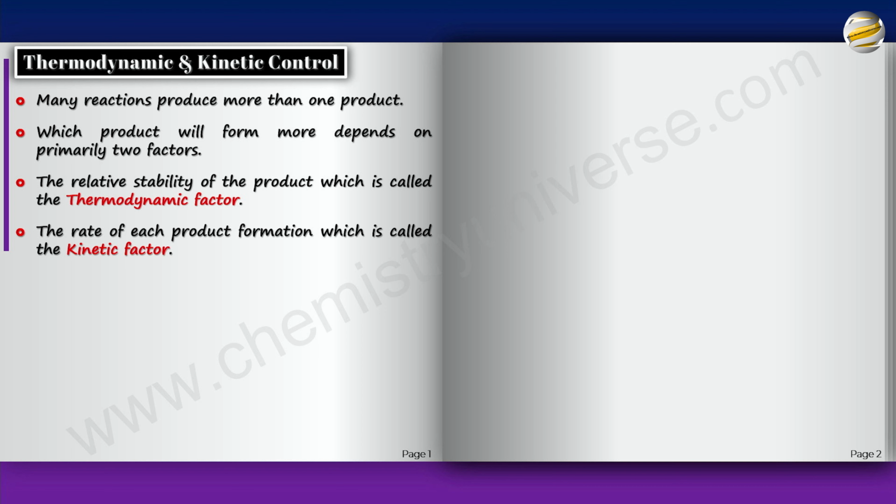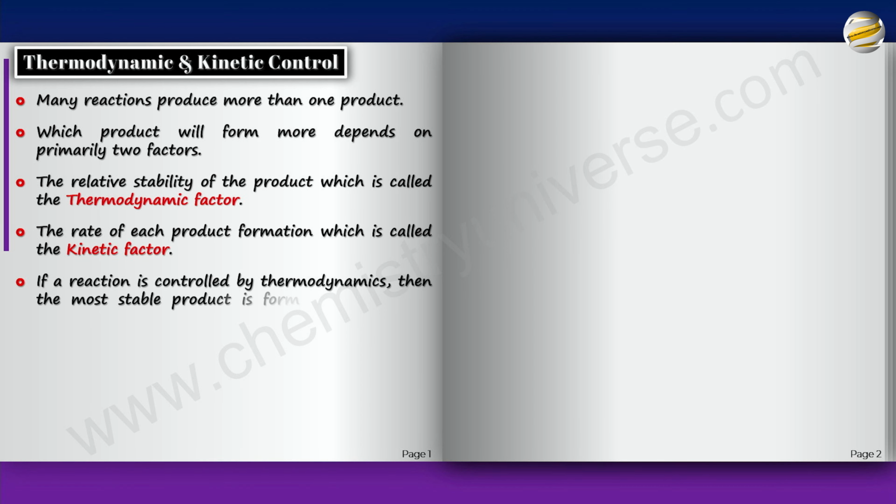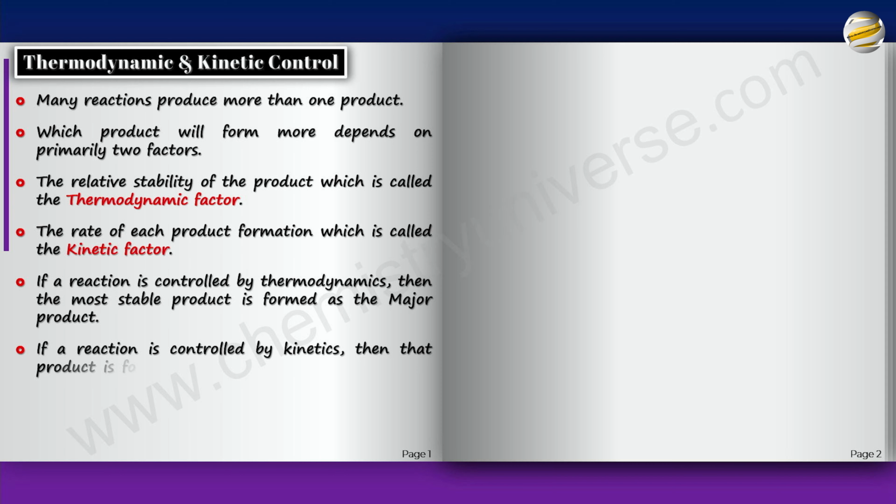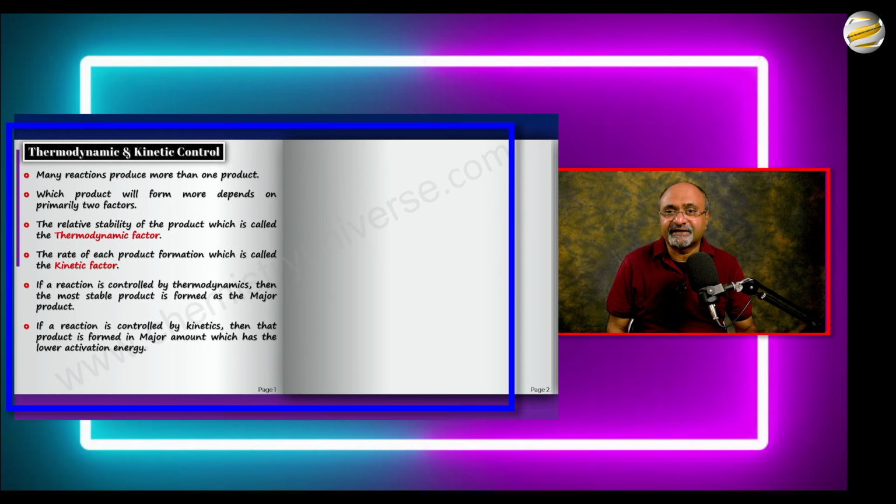So if a reaction is controlled by thermodynamics, then the most stable product is formed as the major product. While if a reaction is controlled by kinetics, then the product formed in major amount is the one which has the lower activation energy. Again, let's understand that.